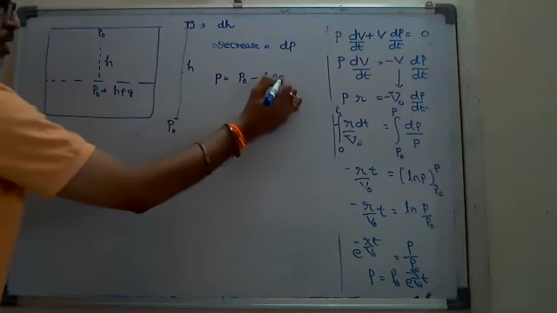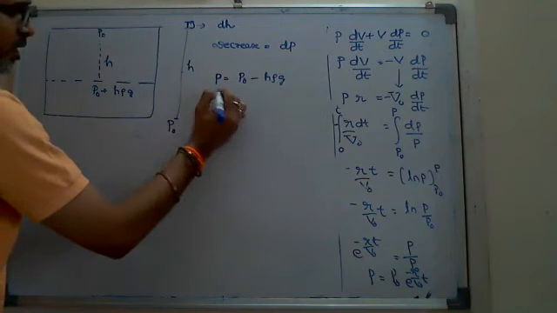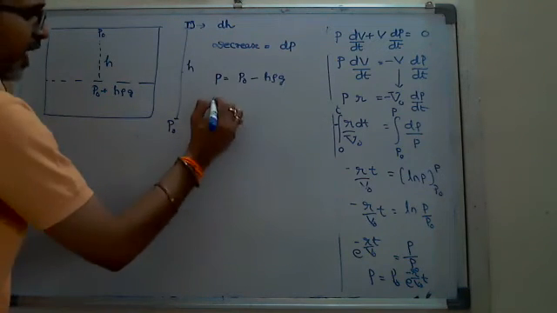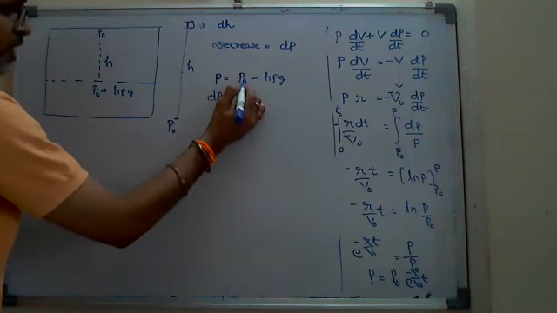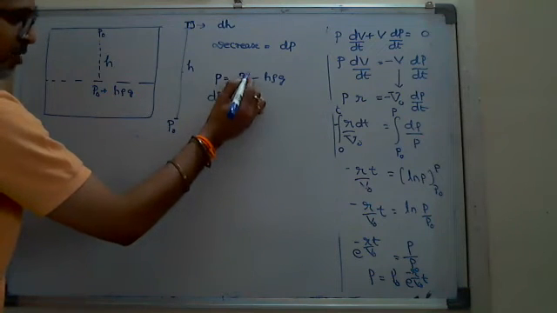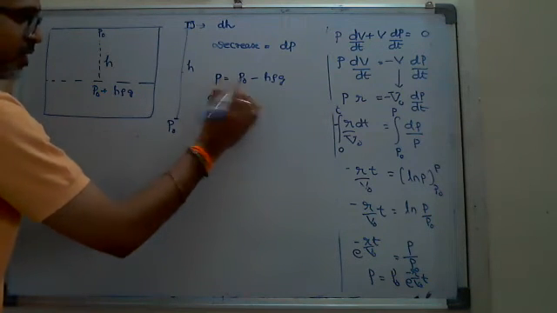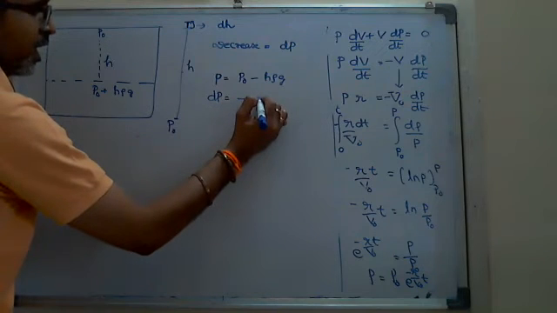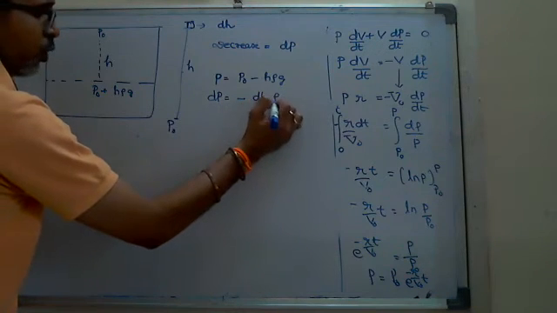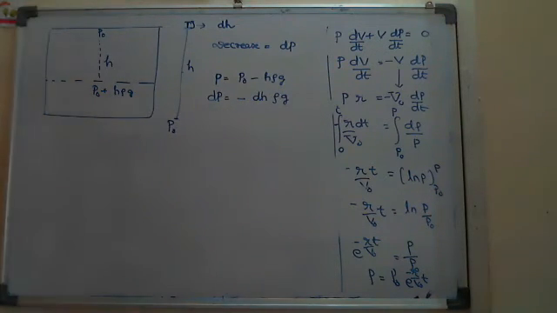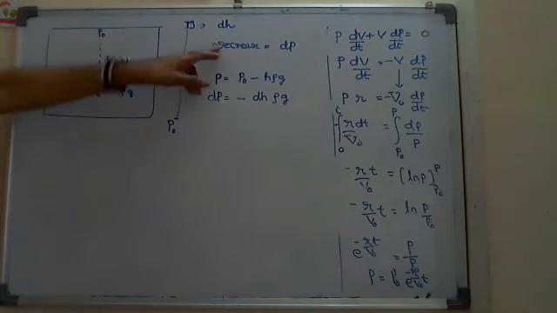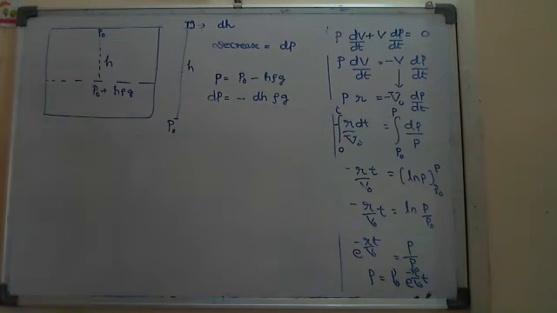So the dP I require, if we differentiate this equation, P naught is constant so 0, minus dh rho g. Since I'm getting a negative sign, I said here the decrease in pressure. The problem here is that the density also changes, Nana.